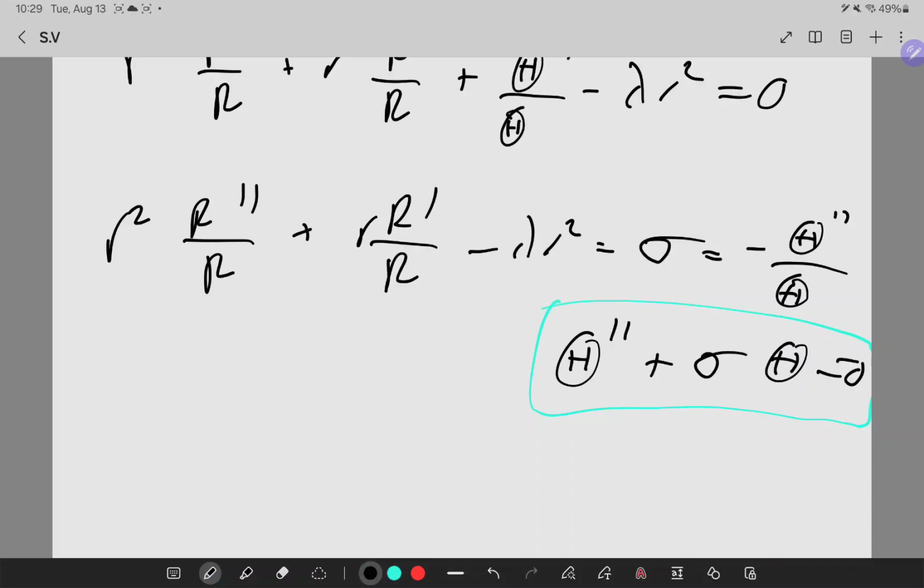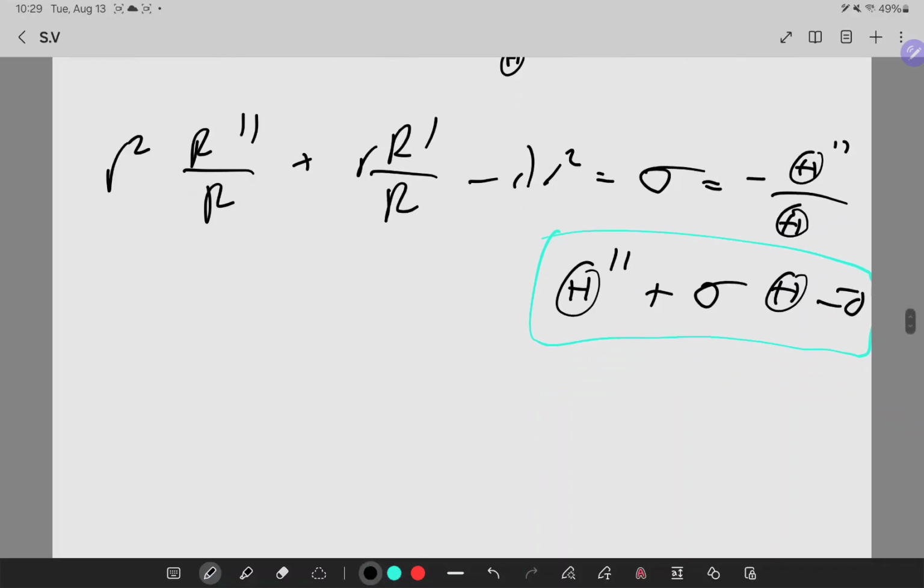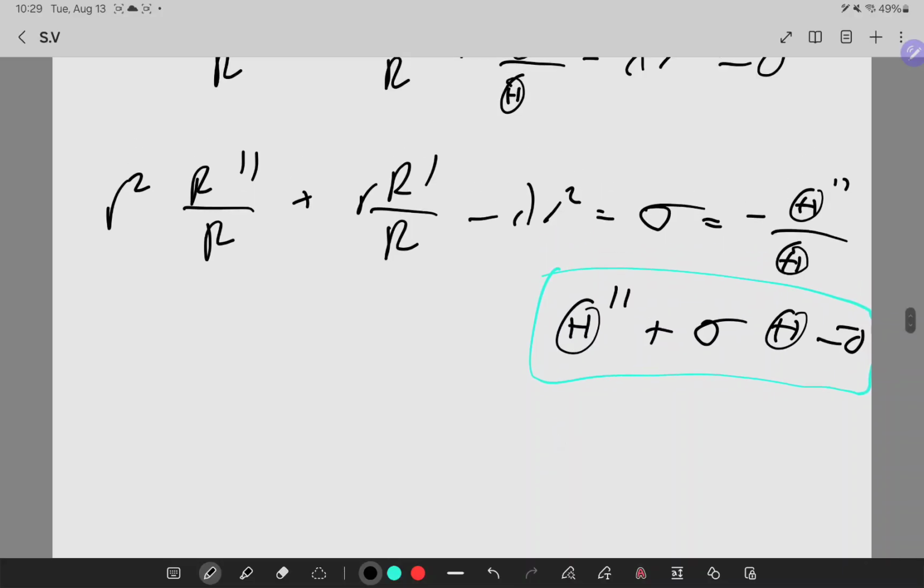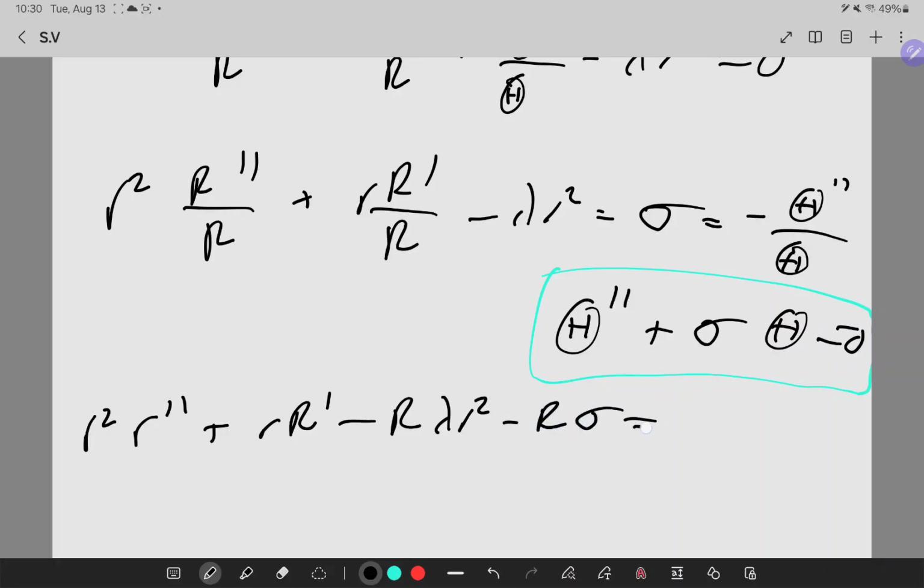And we also are going to have r squared R double prime plus r R prime minus lambda r squared R minus sigma R is equal to 0.